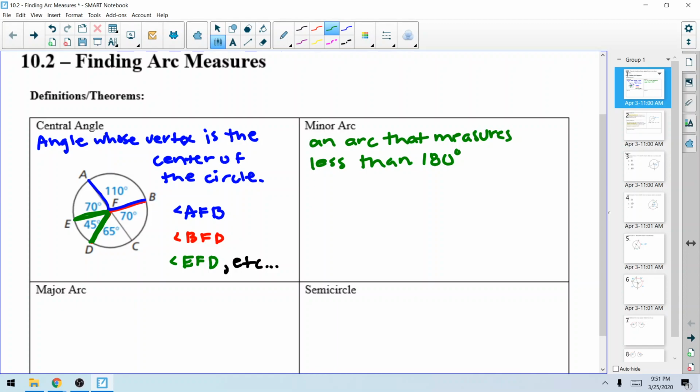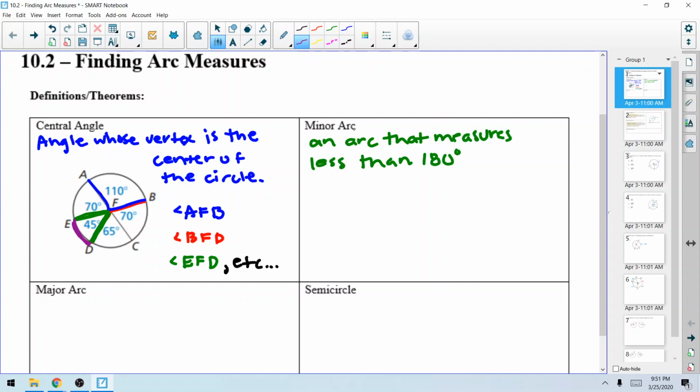Well, now I'm talking about the arc. So the arc that corresponds with that angle is right here, ED. So it's the part of the circle. So if the angle is 45 degrees, what we're going to learn here is that that arc is also 45 degrees, and we can name it.